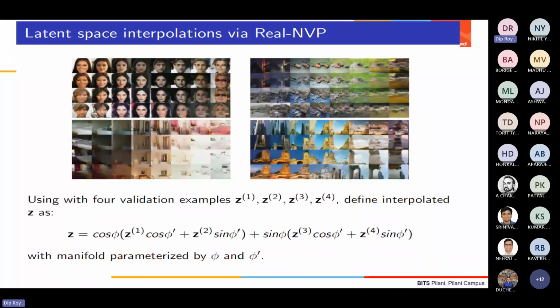Now, one particular concept that I need to tell you is something called interpolation. This is more of a diagnostic concept, and I'll tell you what exactly we do. First of all, what is interpolation? All of you may know it, but I'm repeating it for anyone who does not.